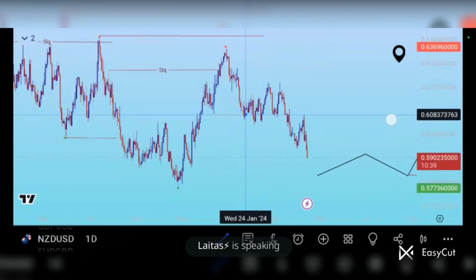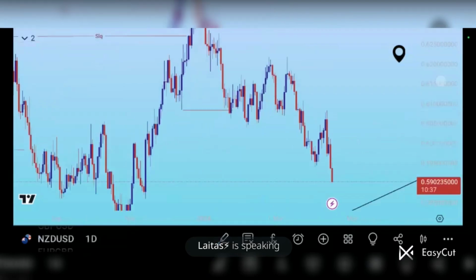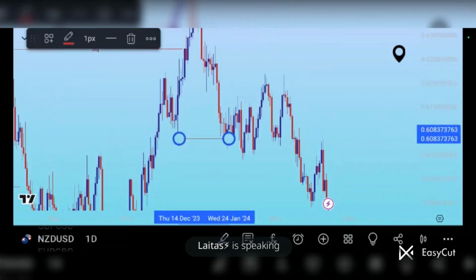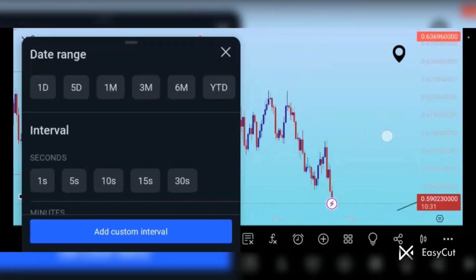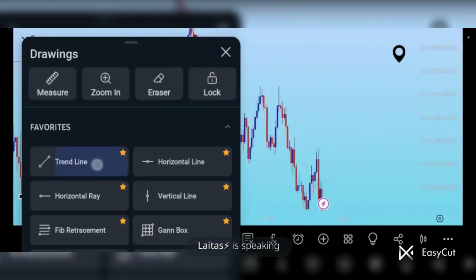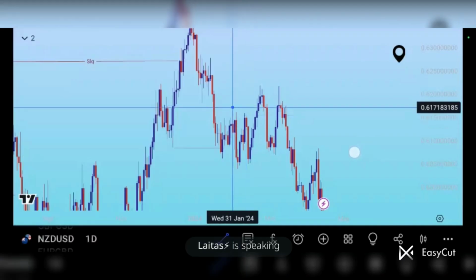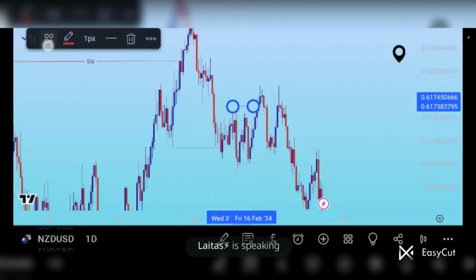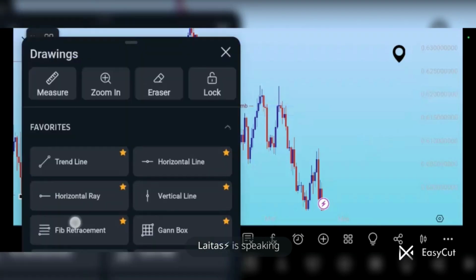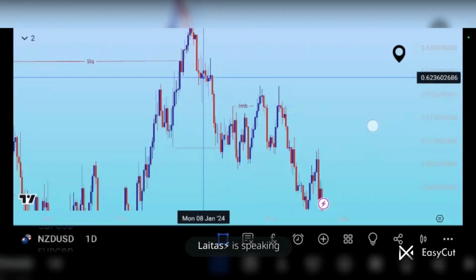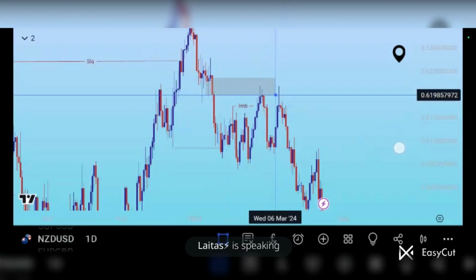Price broke this. This is the same thing happening every now and then. So price broke this. Then we have another break here. This inducements, the last break. This inducement, then price mitigated something around here. Started selling too.